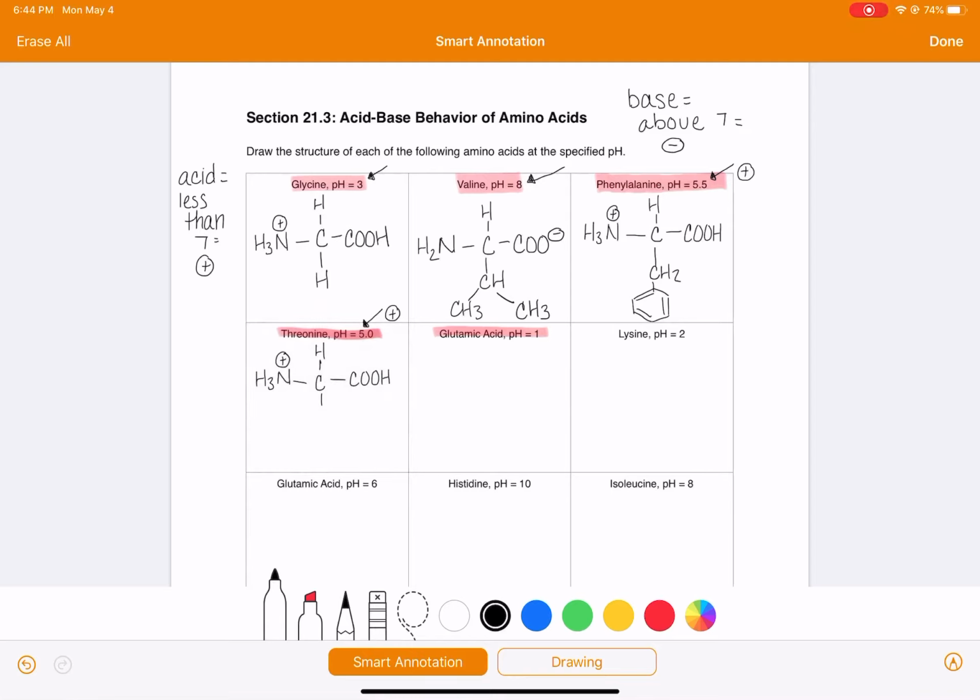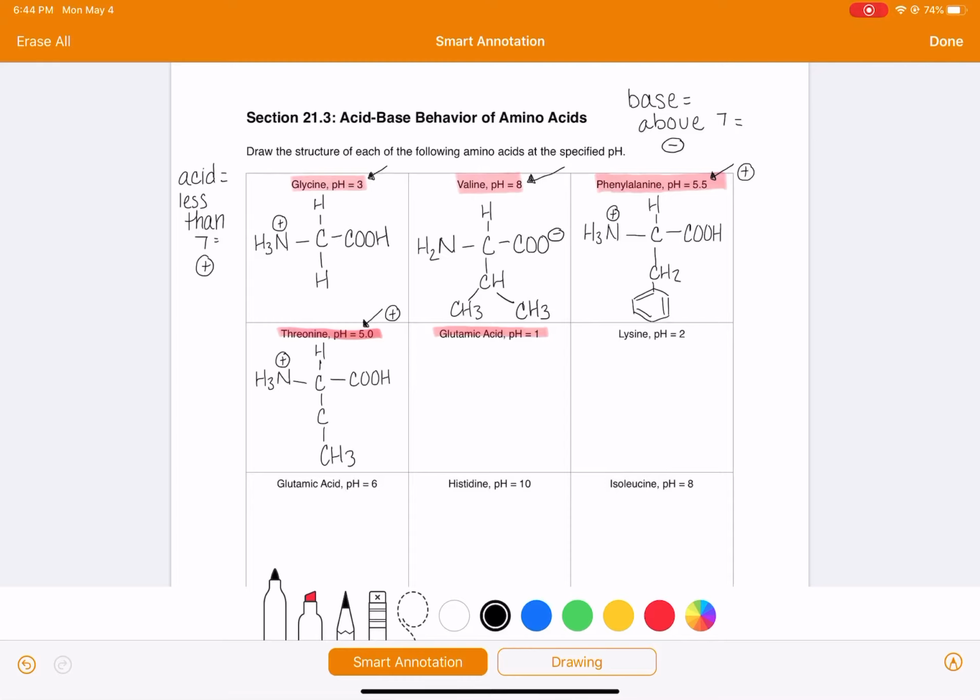Pause it, go find threonine on your table of amino acids. When I am looking at threonine, I see an oxygen in the R group. I see that OH on there, but I don't see a COOH or a COO, so it is not acidic. It's polar, but it's polar neutral. So that means that its R group is not affected by pH.